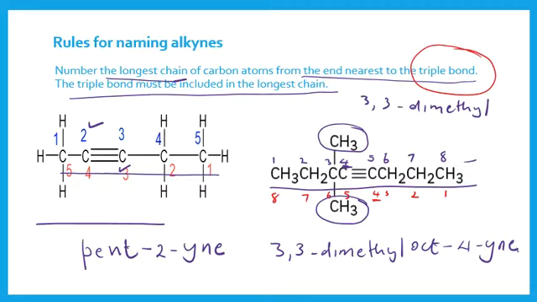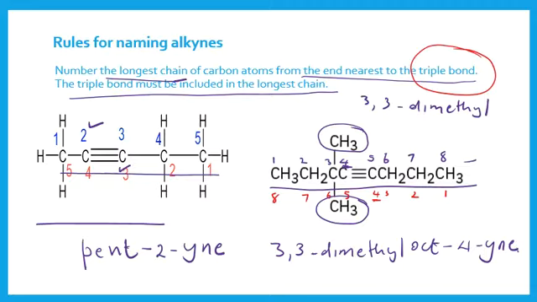If we look at the red one, the triple bond is also on carbon number 4. So this doesn't give us a choice, because we encounter the triple bond on carbon number 4 with both the purple numbers and the red numbers.